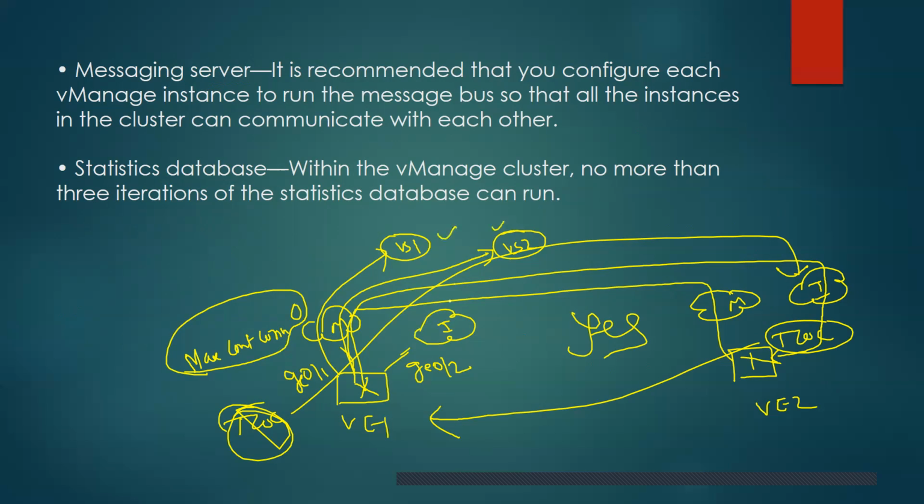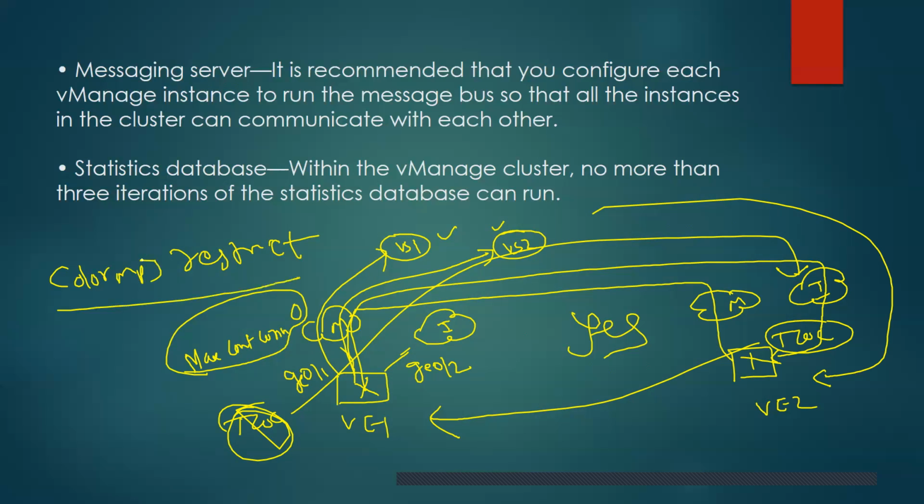So if it knows your T-loc, it will share that T-loc with these devices, and then they will form the IPsec connection. The only place it will not form the IPsec connection is when you use the restrict keyword. So remember color MPLS and keyword restrict: MPLS will form the tunnel only with MPLS, and internet will form only with internet if you are using the restrict keyword.